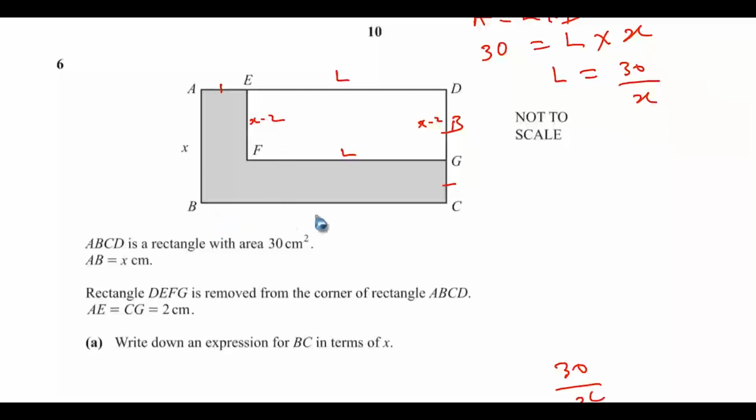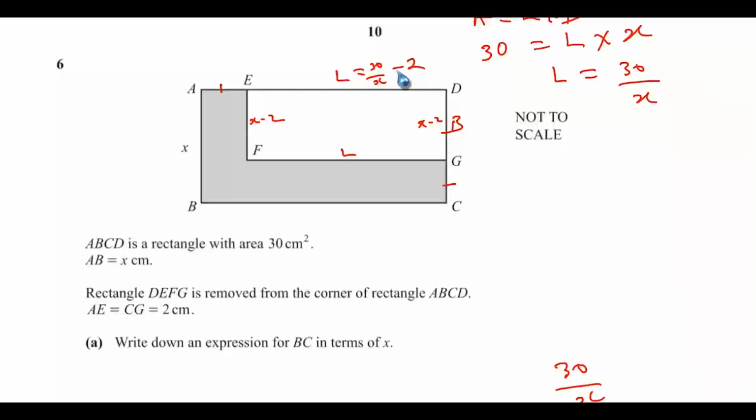Also, we know that BC is 30 over x, that's the whole length. And AD is also 30 over x, but AE is already 2 centimeters, so we need to subtract 2 centimeters from the whole length, which gives us the length ED. So the length here will be 30 over x minus 2.